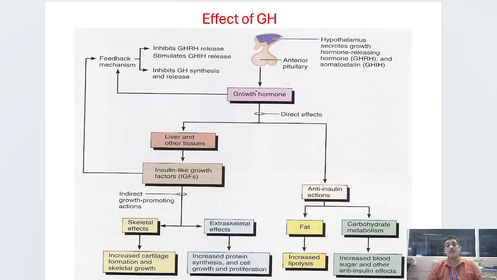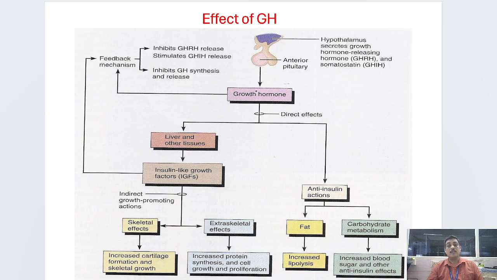We call the first growth hormone releasing hormone, which promotes the secretion of growth hormone. The other is called growth hormone inhibiting hormone, also referred to as somatostatin. Once secreted by the hypothalamus, it reaches the pituitary gland, especially the anterior pituitary, and then it induces the secretion of growth hormone.